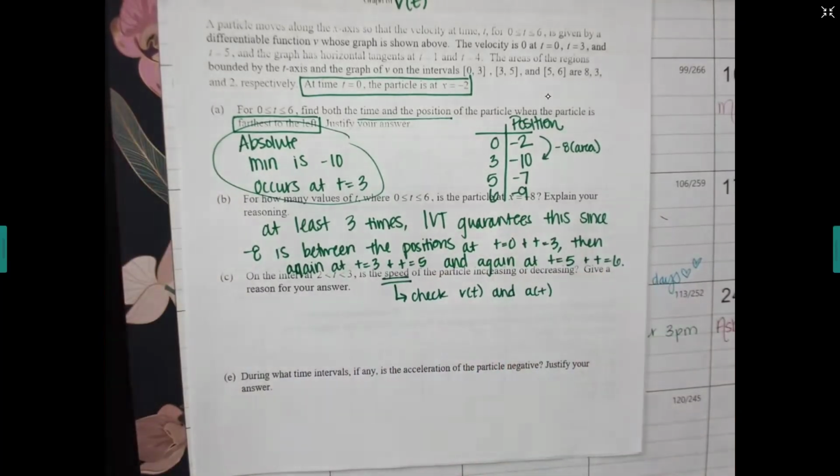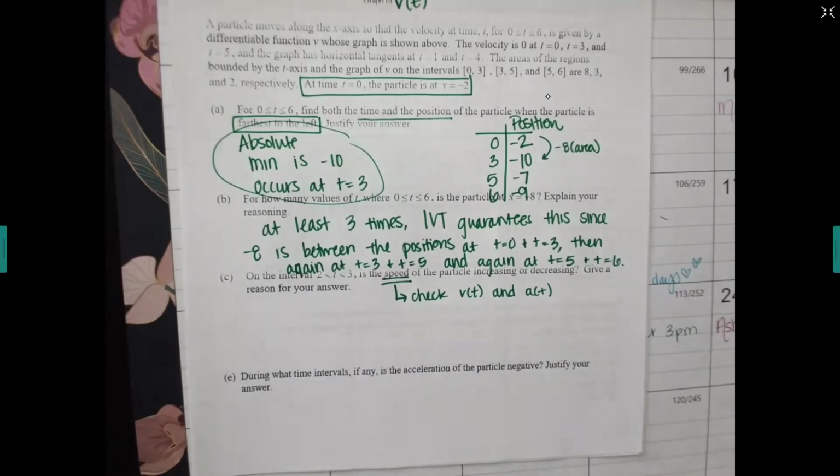Now, this is a graph of velocity. So what feature is velocity? Y value. And what feature is acceleration? Slope. So I want to see, is it above with a positive slope? That would be speeding up, but above with a negative slope, that would be slowing down.